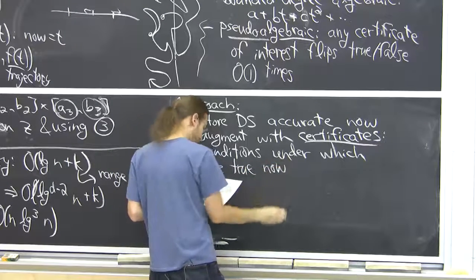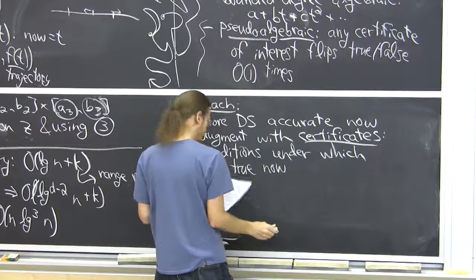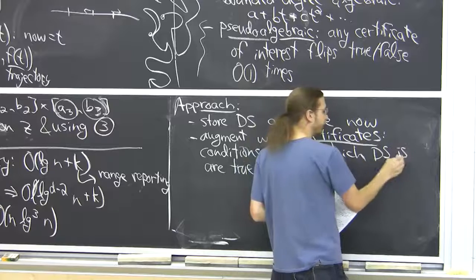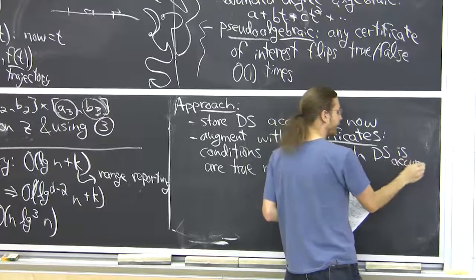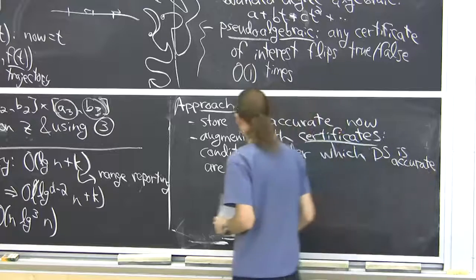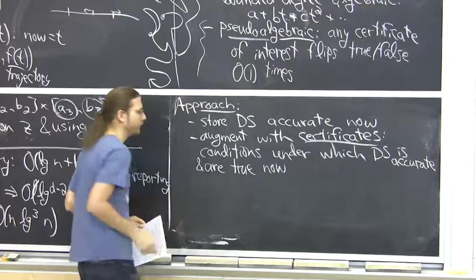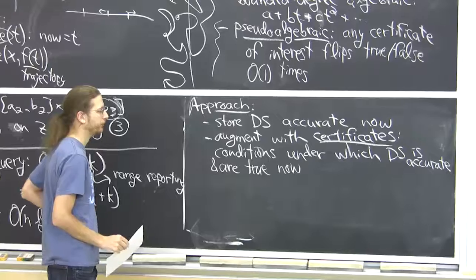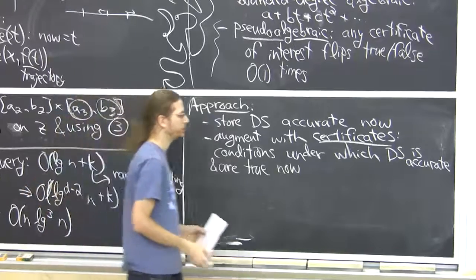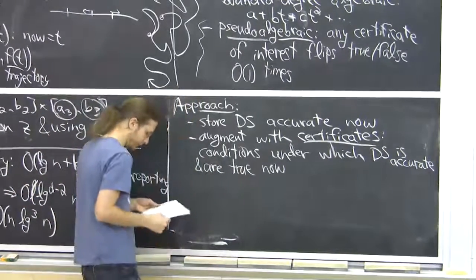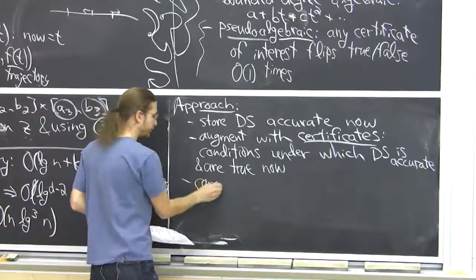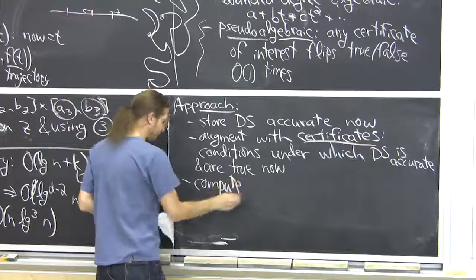So these conditions are true now, and under them the data structure is accurate, or correct. For examples, we'll get to those in a moment. We'll keep it abstract for a little bit longer.